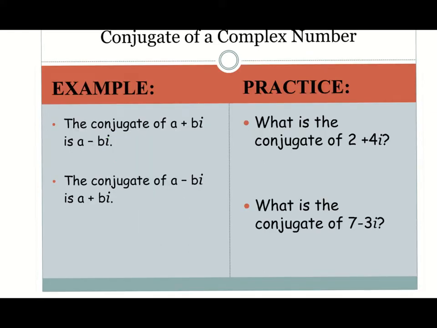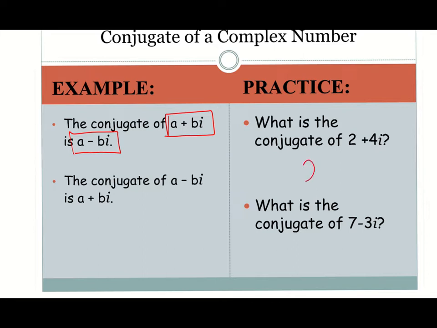So instead of just saying we're multiplying by the opposite, we're going to use a little bit more technical terms. So it's called a conjugate. So conjugate of complex numbers. So our complex conjugate is what we're referring to as our opposite. So the conjugate of a plus bi is a minus bi. So what is the conjugate of 2 plus 4i?